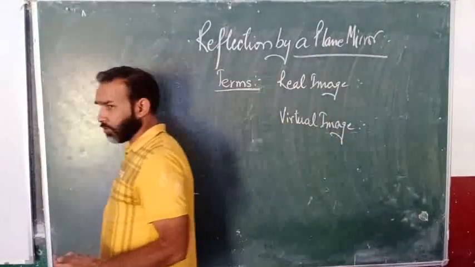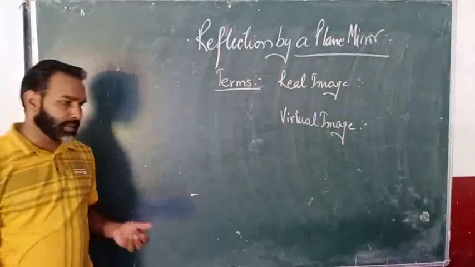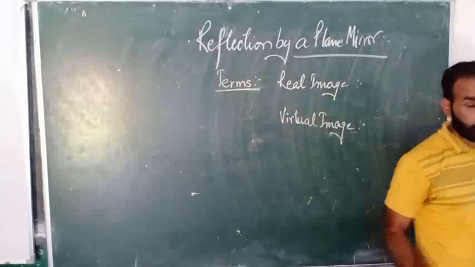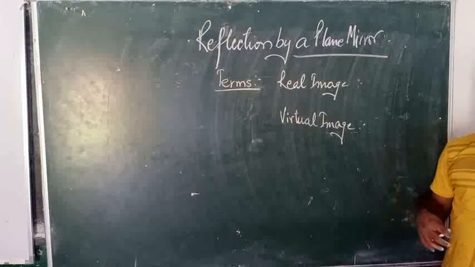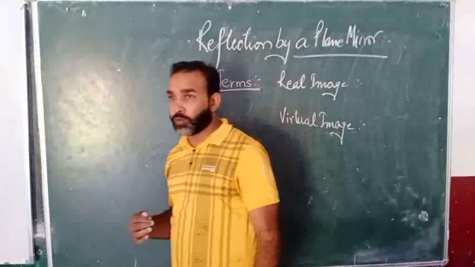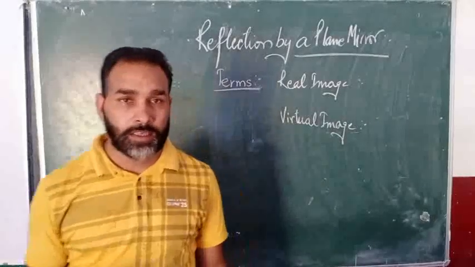Basically object and image, you know what are objects, what are images? Objects are the things which can emit the light, right? So reflections से जो thing formed होती है is known as image. Now image is of two kinds, one is virtual image, another is real image.